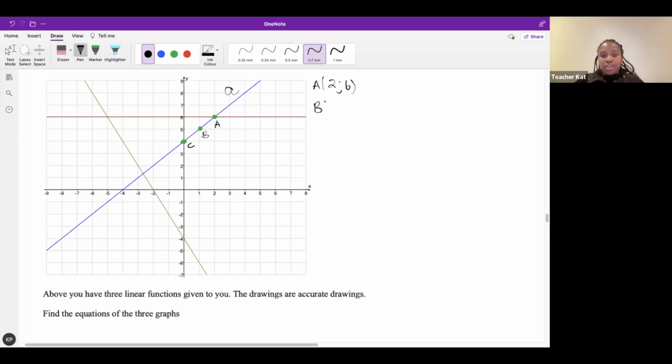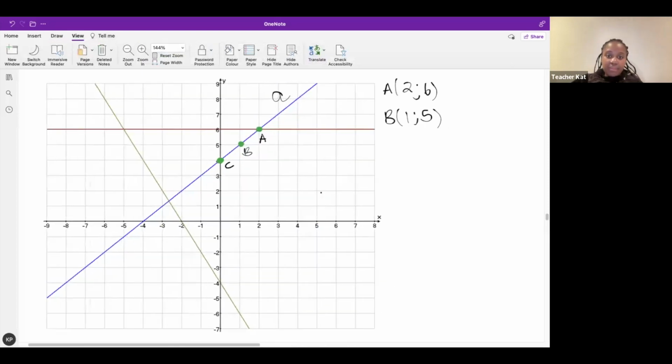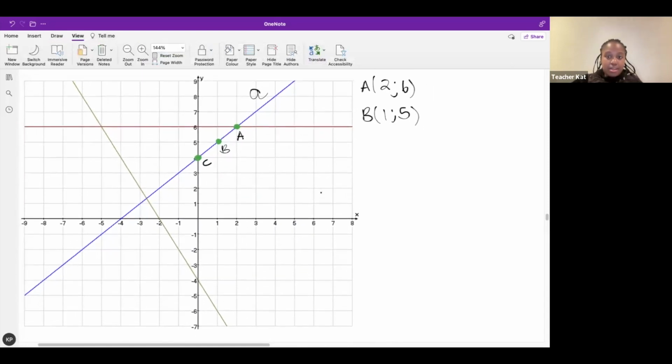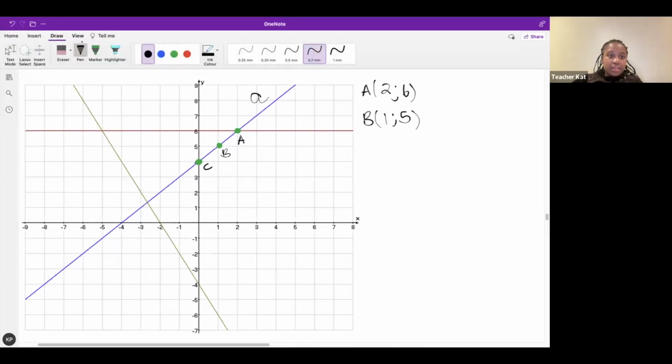Coordinates of B: 1 and 5. Oh, we can't see. Is that better? There we go. Then C, the coordinates. You're welcome, Marlene. Is 0, 4.